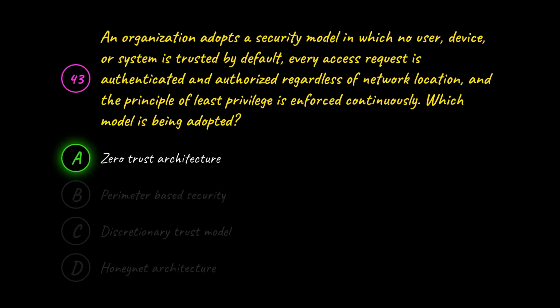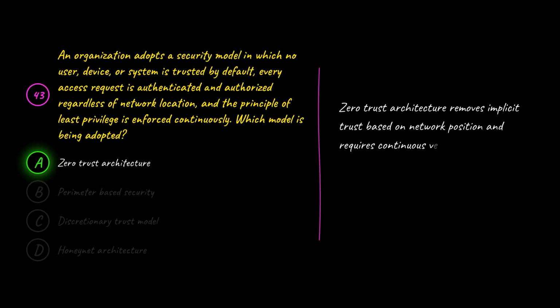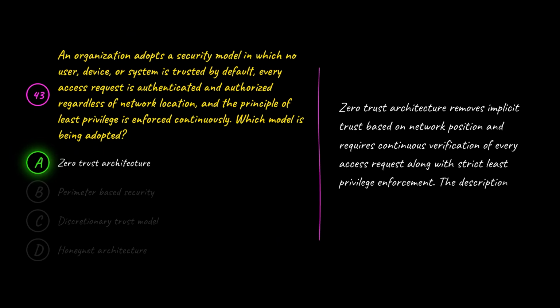The correct answer is A. Zero Trust Architecture. A is correct because Zero Trust Architecture removes implicit trust based on network position and requires continuous verification of every access request, along with strict least privilege enforcement. The description maps directly to this model.